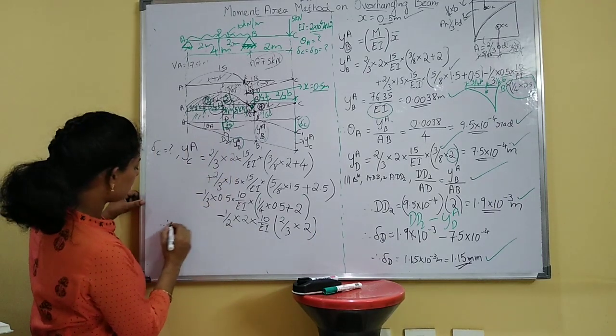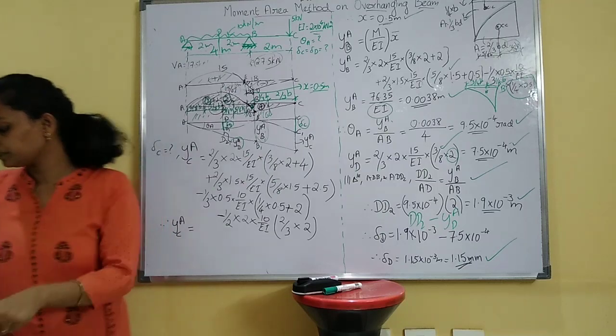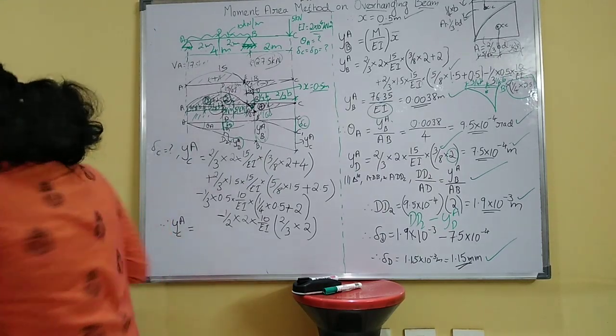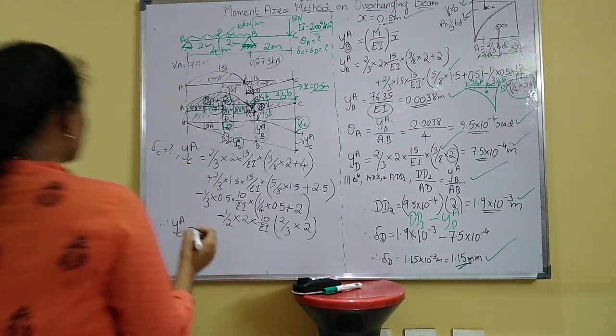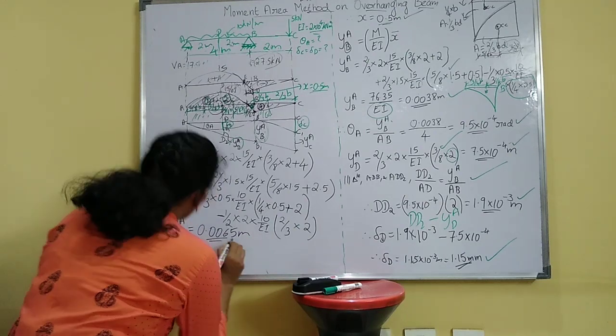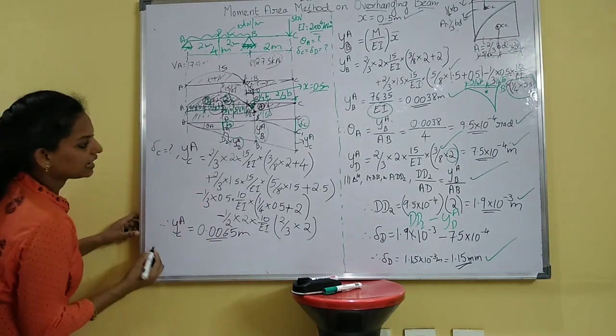Just substitute and get the value of YCA. YCA is nothing but 0.0065 meter.